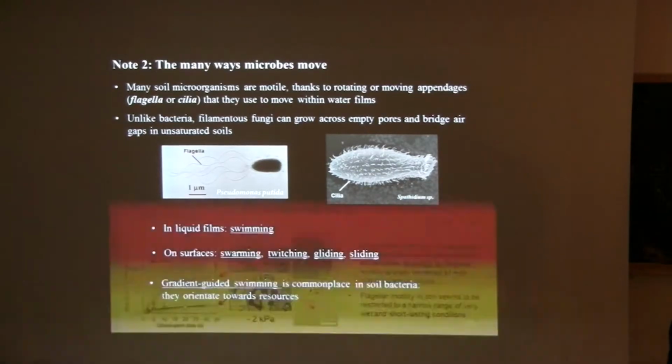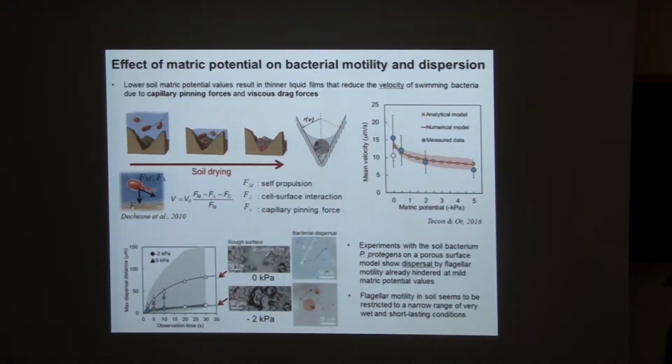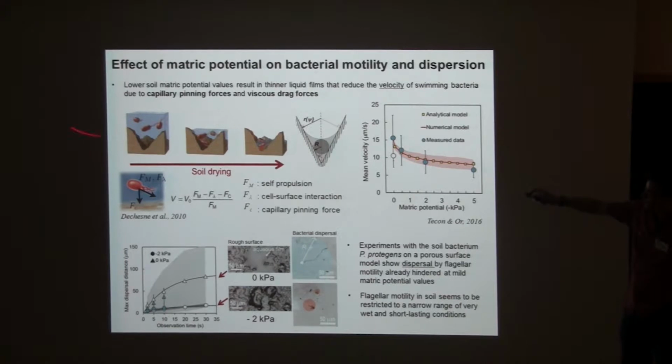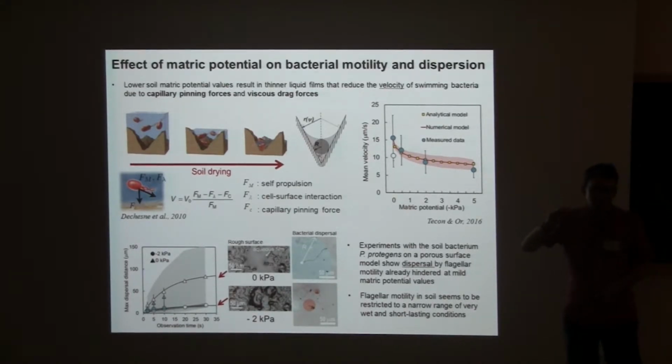So now, a few more words about how the matric potential controls this motility. The way you can look at this is you take some bacteria that are swimming in the soil. As soil dries, you'll see that the water film will become thinner and thinner until at some point the cells are just trapped in a very thin water film.